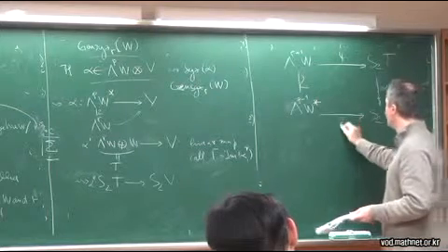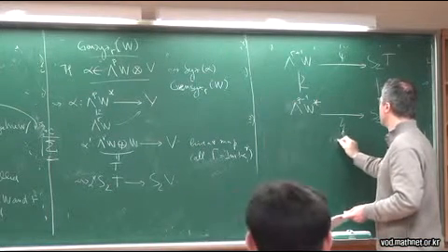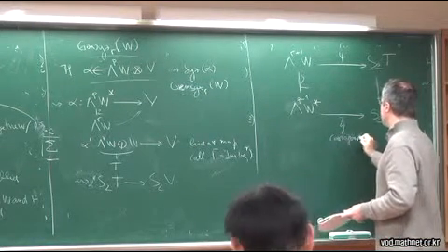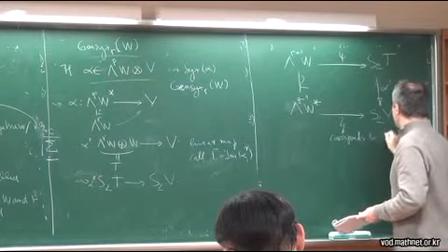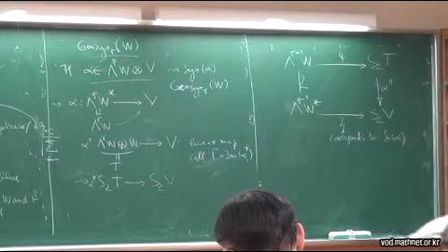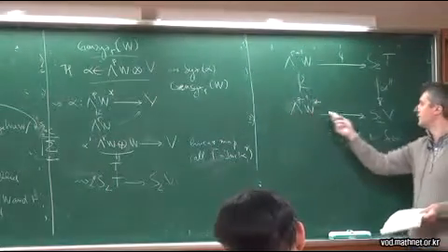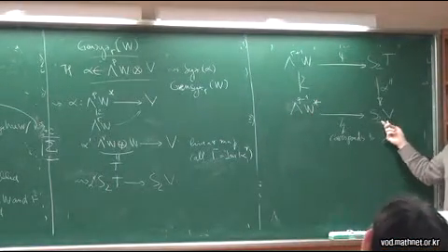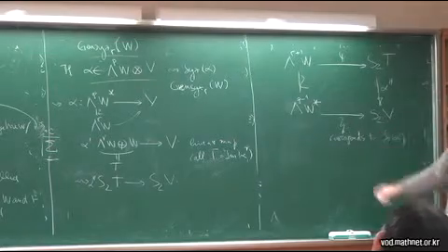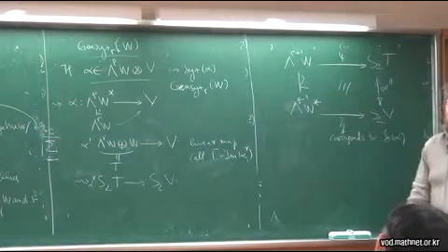And this is a map which corresponds to delta of alpha. So delta of alpha is an element of wedge P minus 1 W tensor S2 of L, which can be seen as a linear map from here to here. So this diagram commutes.